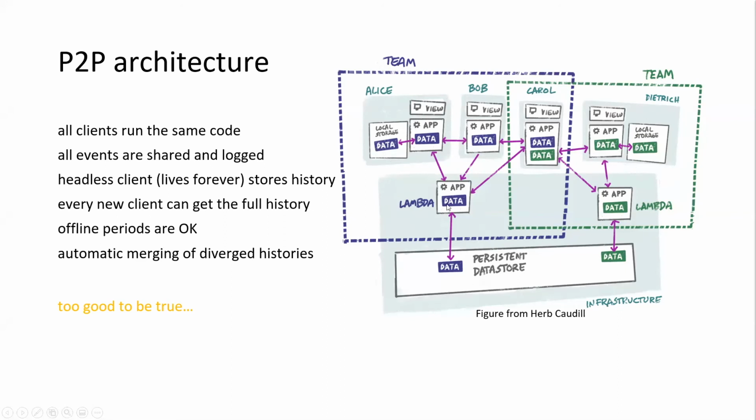Right now there's just one team. There is a long-running user who is basically maybe running in the cloud. It has no user interface, but it stores and shares the same information. It stores the application state, and this state is getting synchronized all the time with all the new clients.